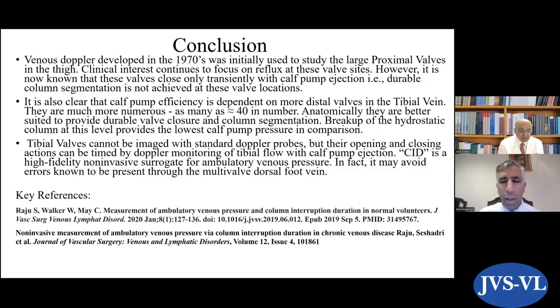Our clinical work so far has only shown that it is abnormal. CID is abnormal both in obstruction and reflux. And the ultimate aim would be to show that if you do corrective procedures, either fix the reflux or relieve the obstruction, it should improve. We don't have the data yet.